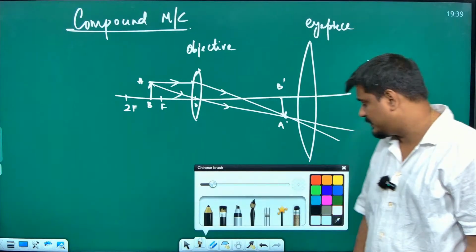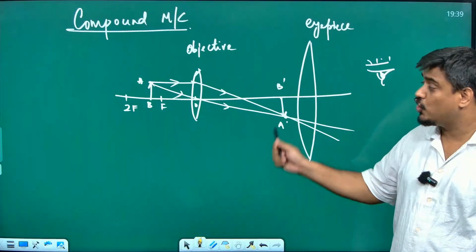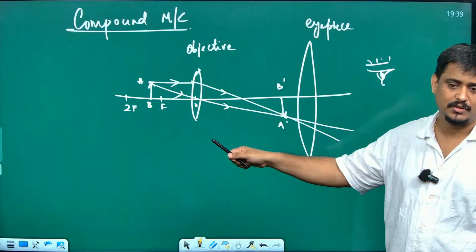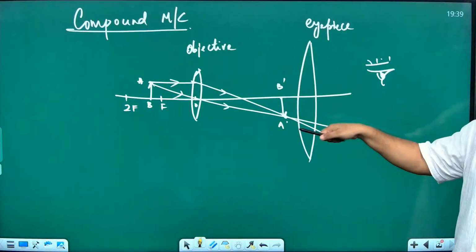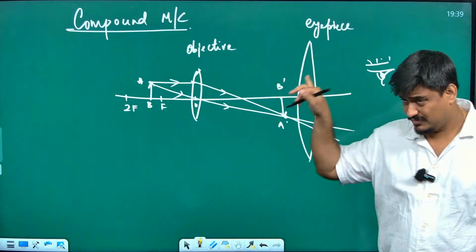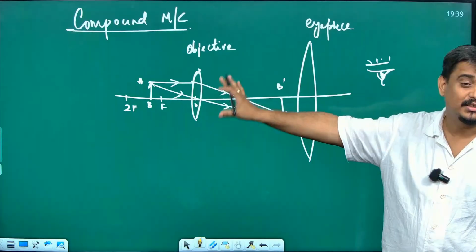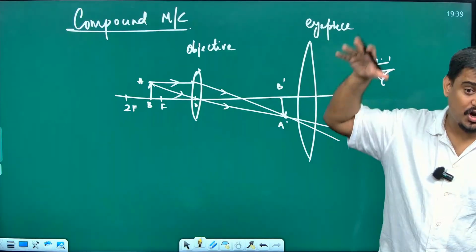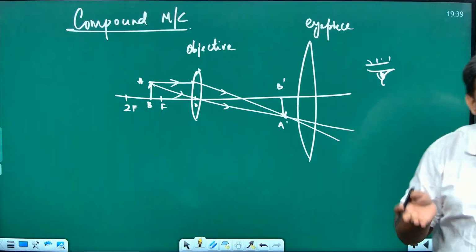Next, what happens? This image, which is formed by the objective, behaves like the object for the eyepiece. I'll repeat my statement. The image formed by the objective serves as the object for the eyepiece. And once again, refraction will take place.